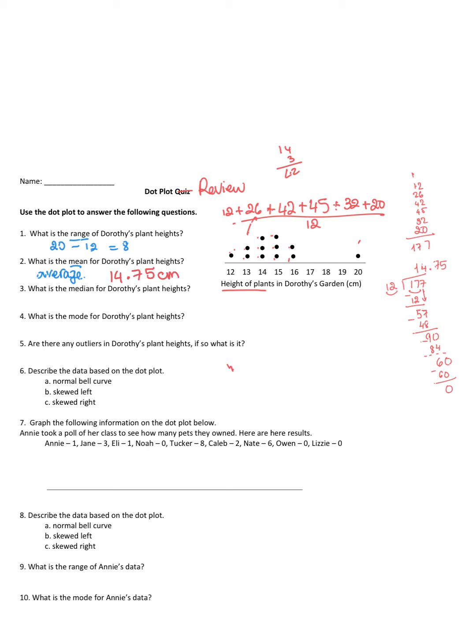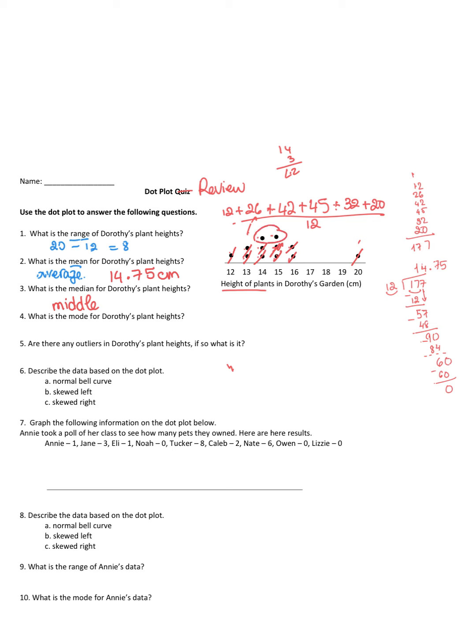What is the median? Median means the middle number. Let's find the middle number. I like to cross out the highest and lowest until I find the middle number. I'm going to do that. So I have 2 medians, the 14 and the 15.